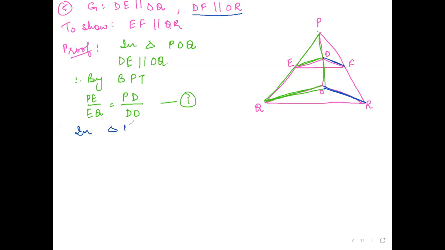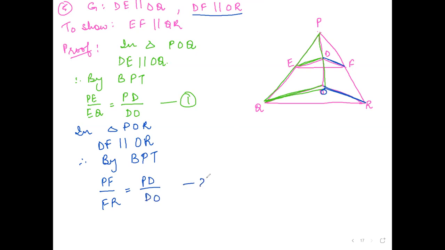So in triangle POR, because the line DF is parallel to OR, therefore by BPT, PF by FR is equal to PD by DO. Very good. Mark it 2. Now again compare 1 and 2. What can I write from here?